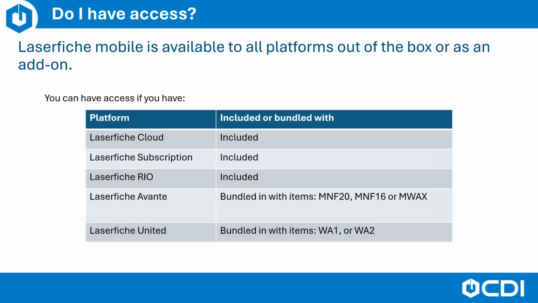Again, it may just need to be configured for access, but you have the licensing already included. If you have any questions on whether or not you have the mobile app as part of your Laserfiche deployment, definitely reach out. We are always happy to help here at CDI.